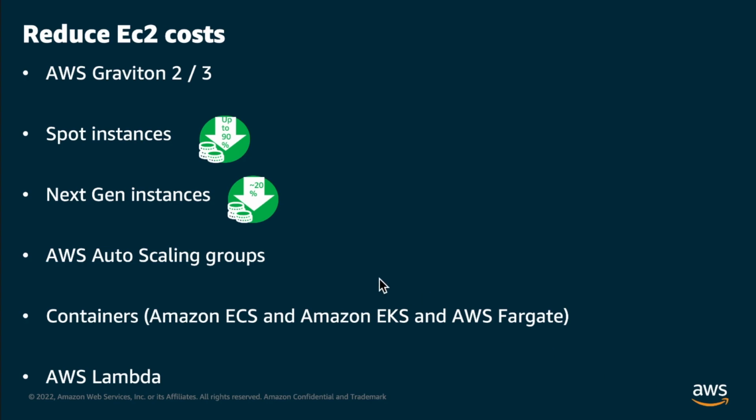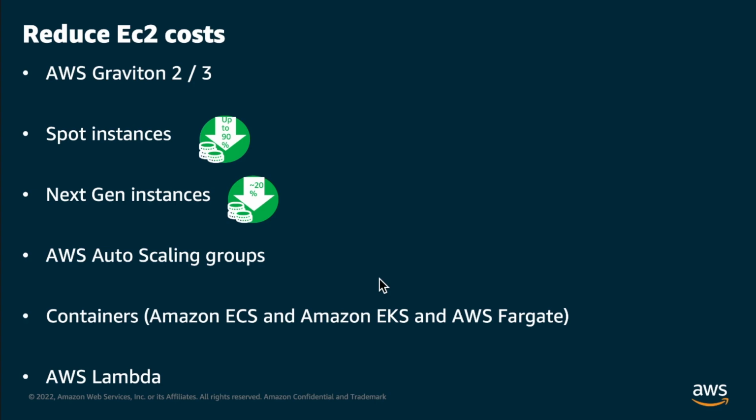You can also use spot instances, which are basically instances that are idle in our data centers, and most of the time you're going to have huge savings when compared to on-demand, up to 90%. The other strategy is to use next generation instances. So let's say that, for example, today you have an M4 large, and we already have the M6.